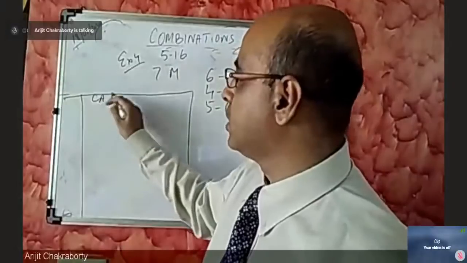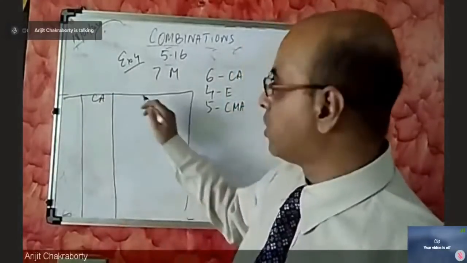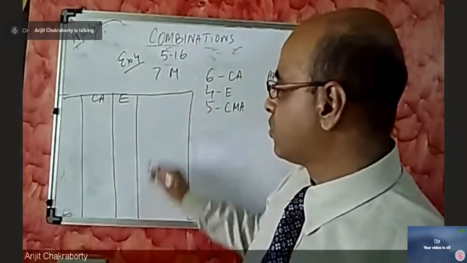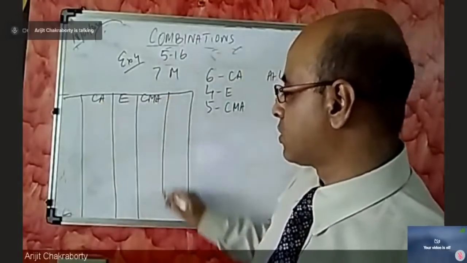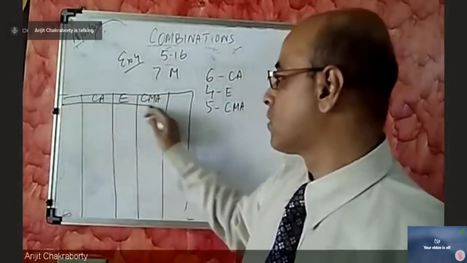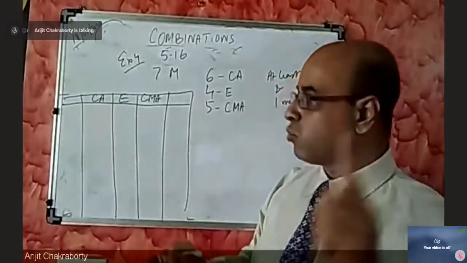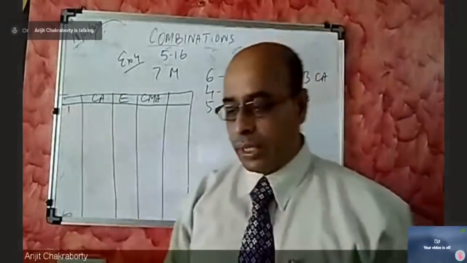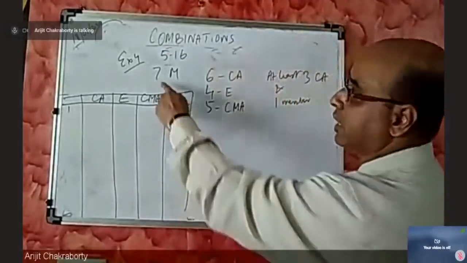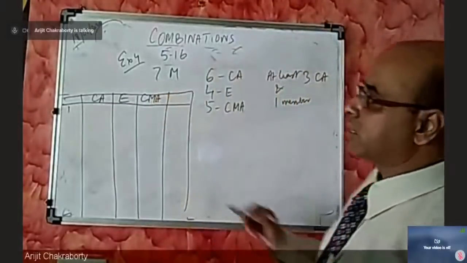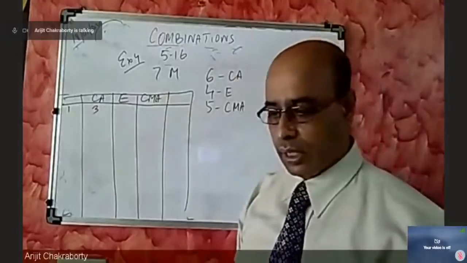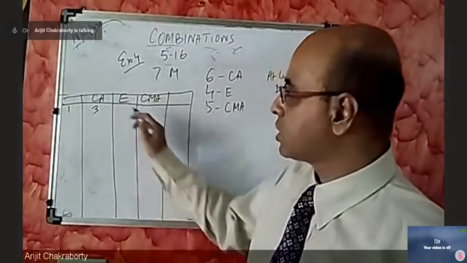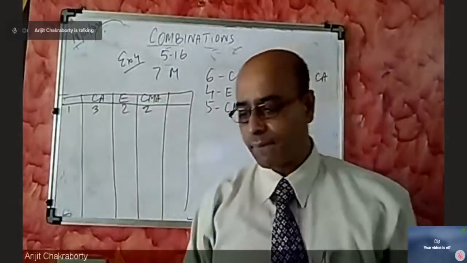So we'll write the method. This column is for the CAs. This column is for the economists. This one is for the cost and management accountants. So method 1, you need to create 7. So you can have 3 CAs, 2 economists and 2 cost accountants.